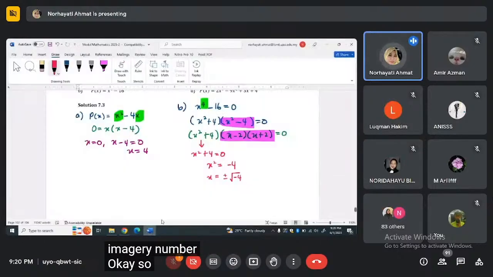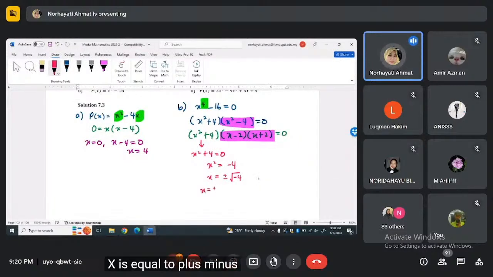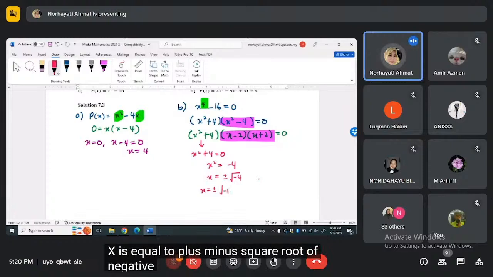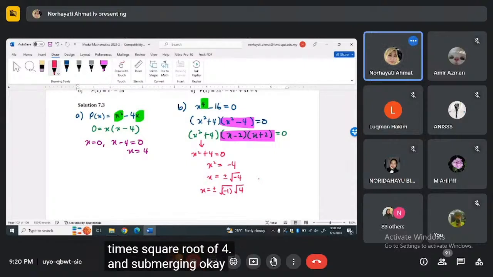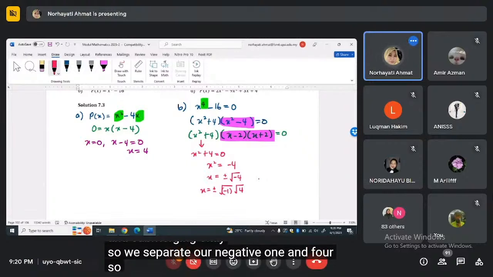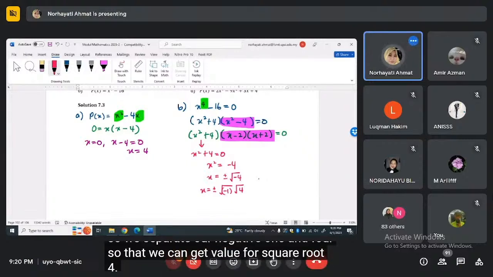Okay, so x is equal to plus minus square root of negative 1 times square root of 4. Okay, ini sama je. So we separate negative 1 and 4 so that we can get value for square root 4.